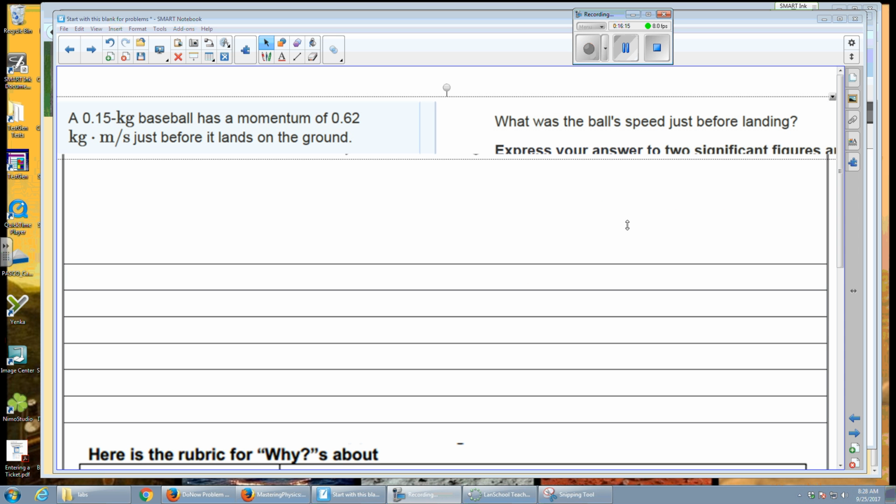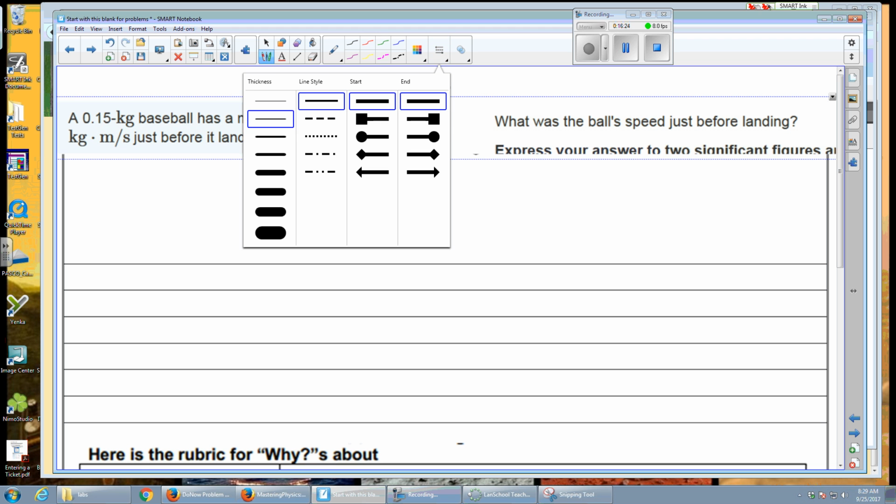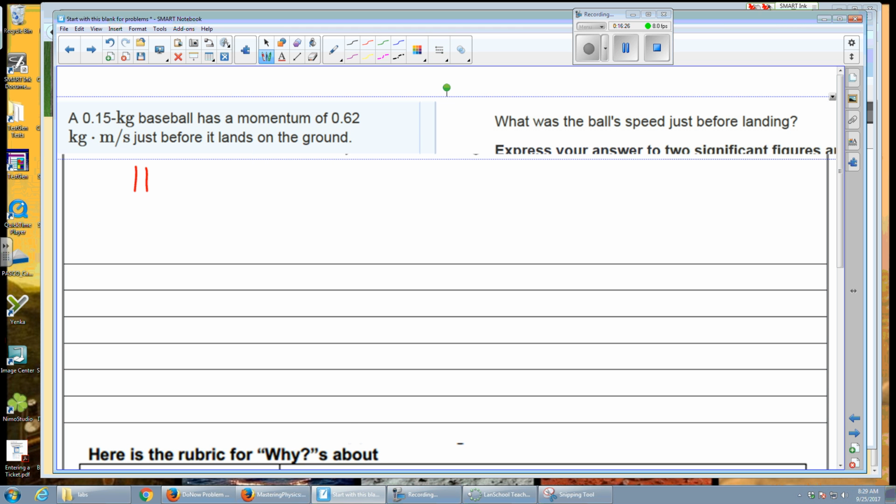Still not happy with how these screen clips are coming in, but I guess we'll live with it. So on number 11, we've got this baseball, which has this momentum, in kilogram meters per second, and they want to know the ball's speed.